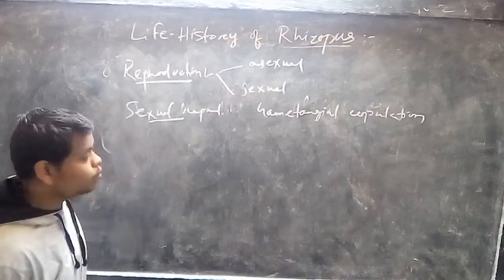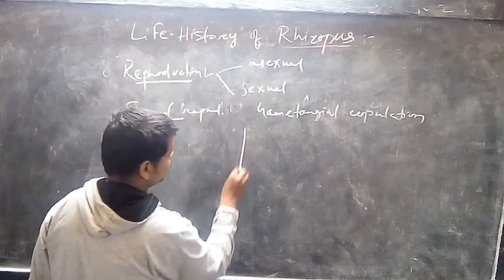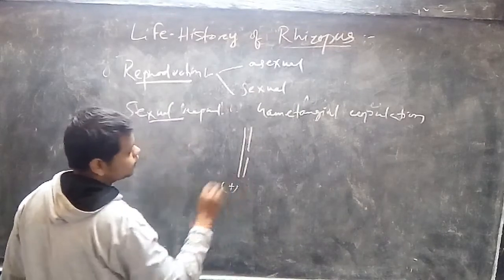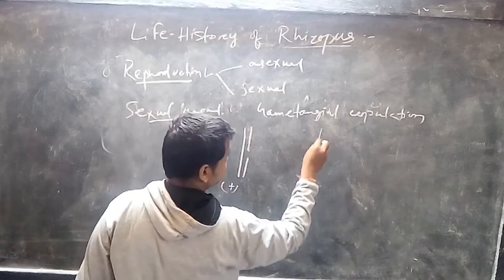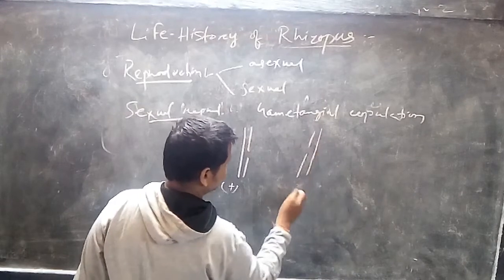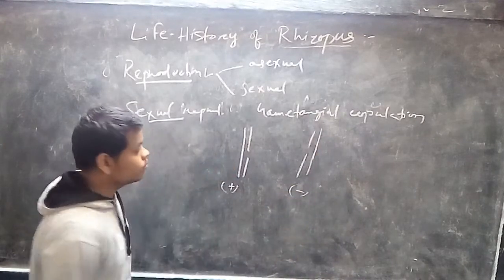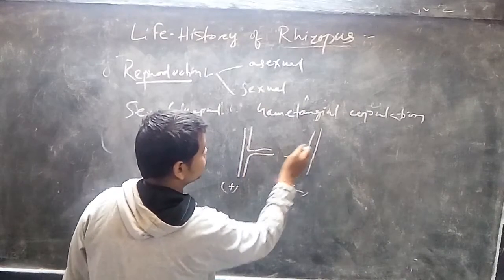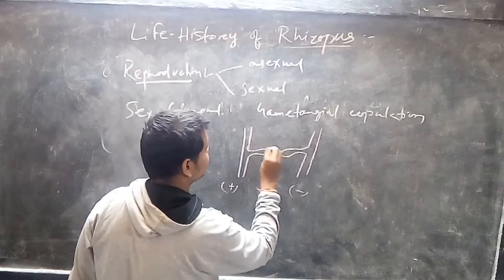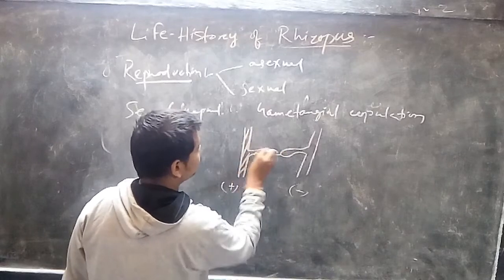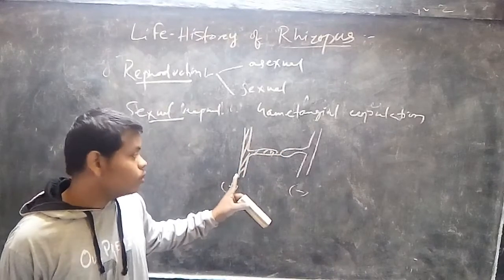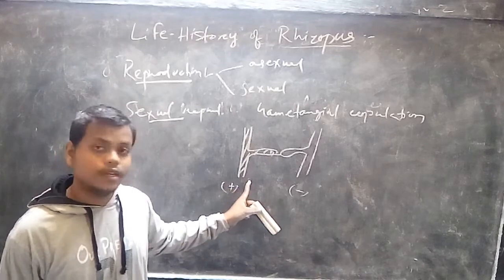In the gametangial copulation process, there are two different strains of hyphae. One is designated as positive, another as negative. Two different strains of hyphae come into contact with each other. Okay, these different strains are morphologically similar, but physiologically they are dissimilar.